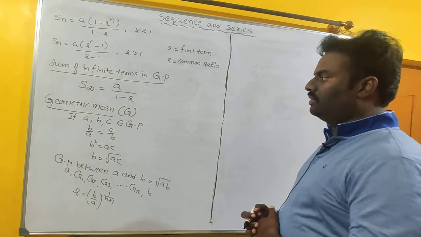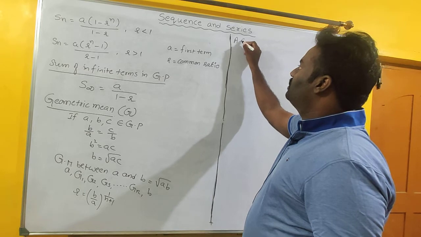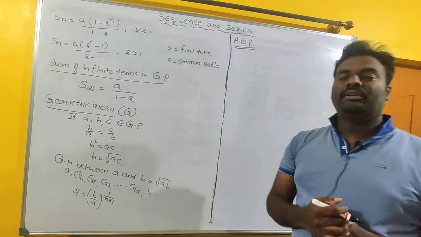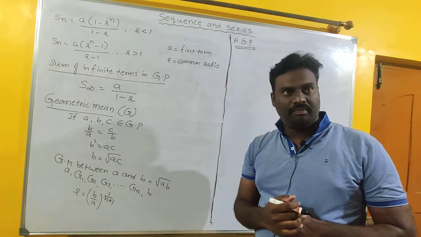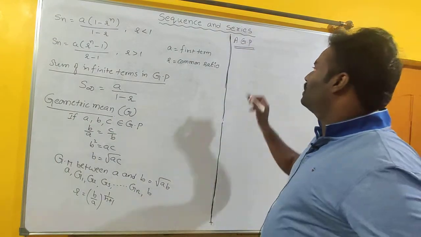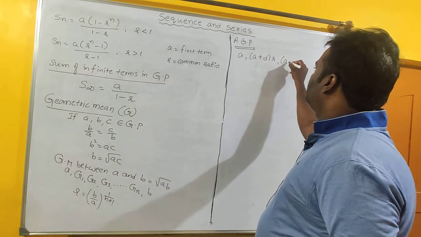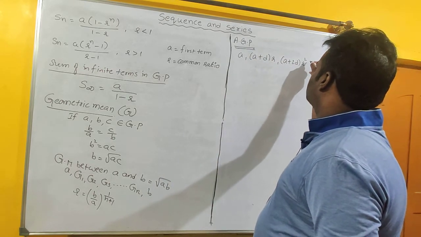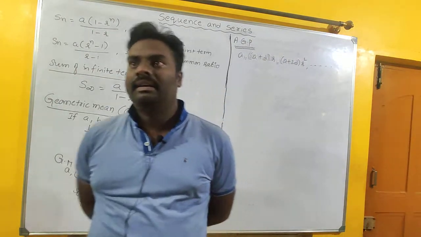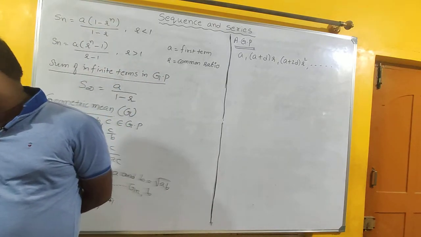Okay. Next, after the geometric mean, we have AGP. This is called arithmetico-geometric progression. It is a combination of both arithmetic progression and geometric progression. The terms are A, A plus D into R, A plus 2D into R square, like this. If the terms are like this, it is called arithmetico-geometric progression.